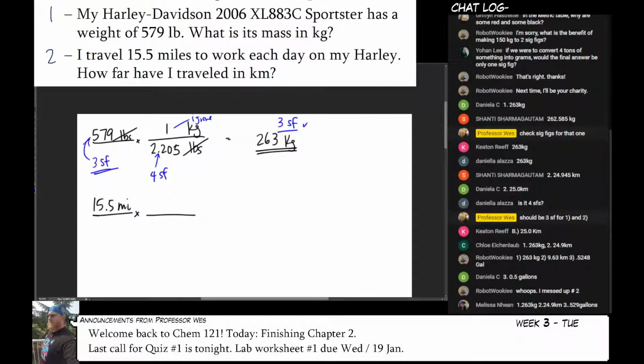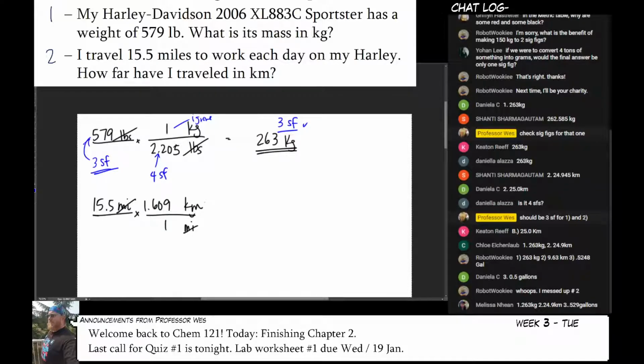All right, so if I go miles to kilometers on Google, first we'll put the units up so that I can cancel them out and get the units I want. That says 1 mile is 1.609, not kilograms, but kilometers here.